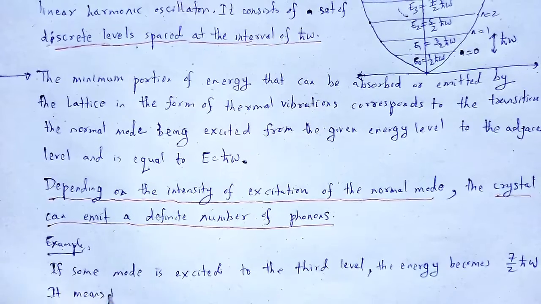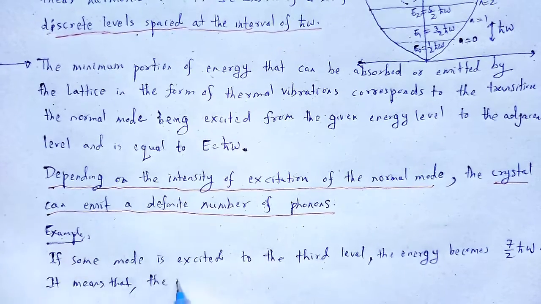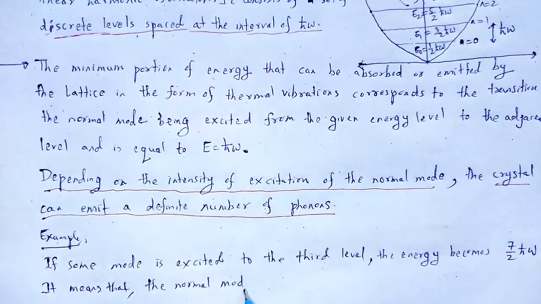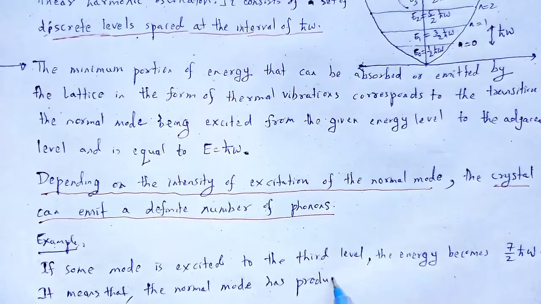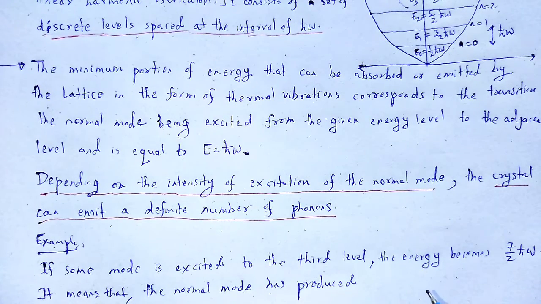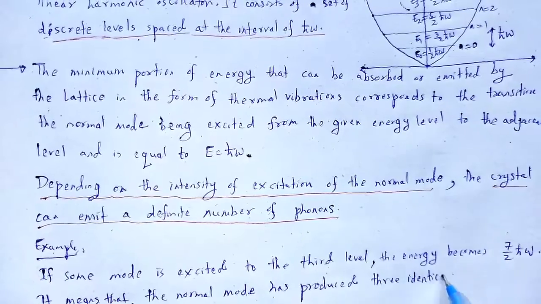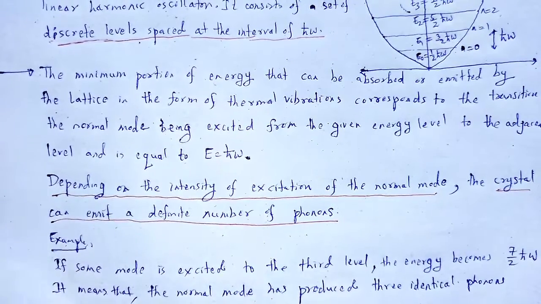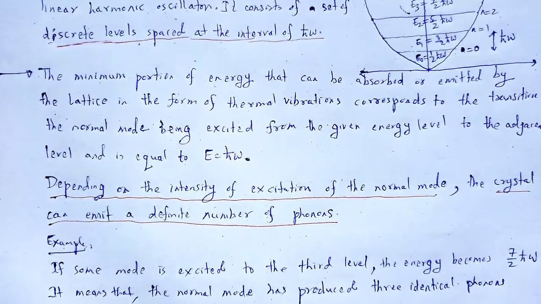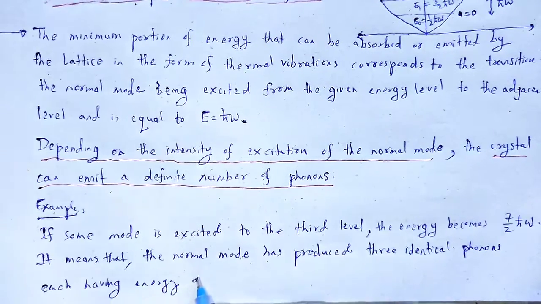It means that the normal mode has produced 3 identical phonons, each having energy of h cut omega.